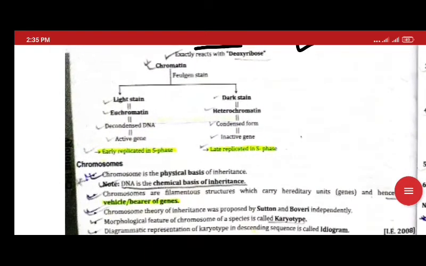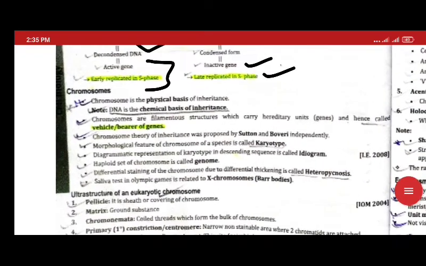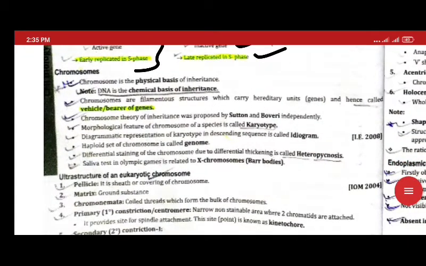Chromatin has two parts based on staining: light stain and dark stain. Light stain is euchromatin, which is active. Dark stain is heterochromatin, with inactive genes. It is replicated late in S phase of the cell cycle.